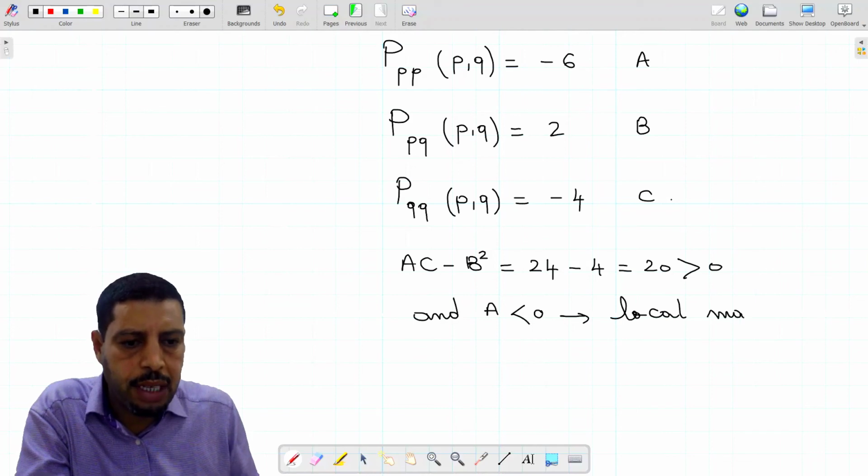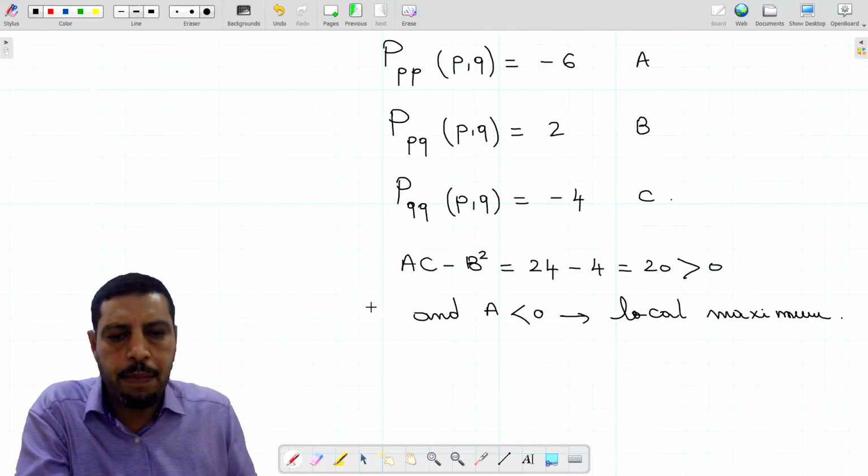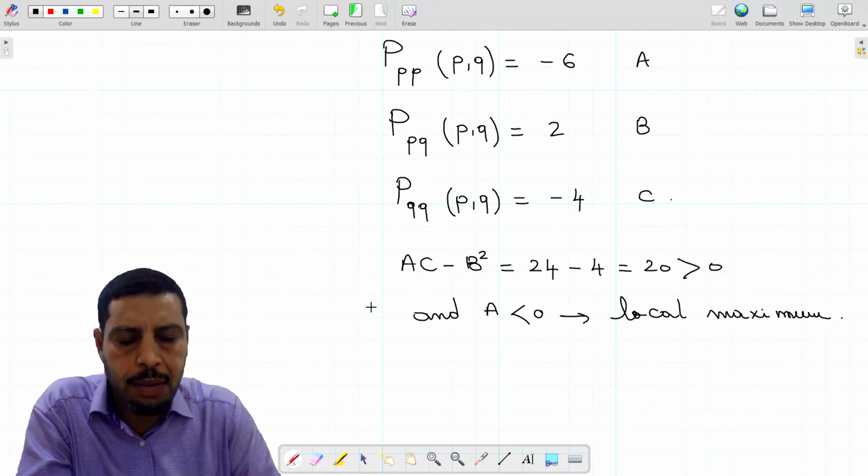So the point you found here is a local maximum. We are looking for the maximum profit, so we are done. We know that the profit is maximum at p equals $100 and q equals $120, which are the selling prices for the two brands of chips.